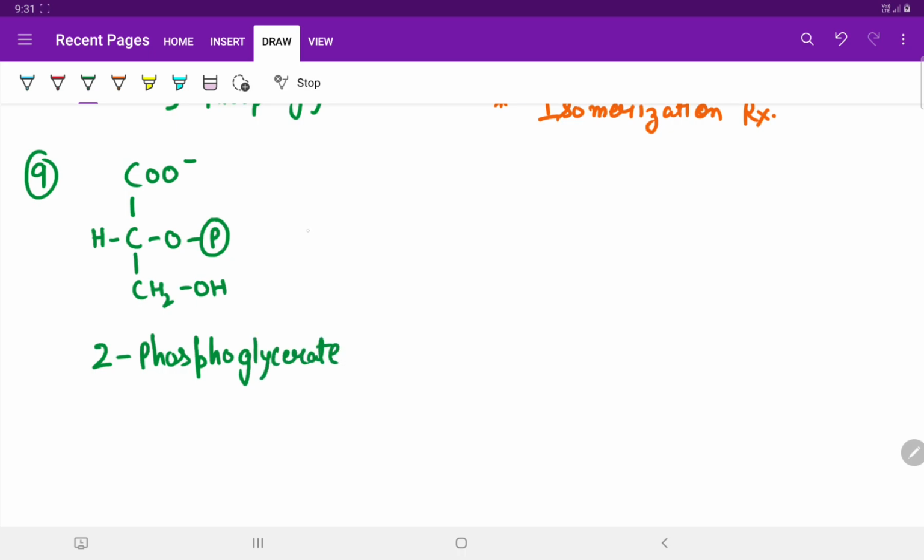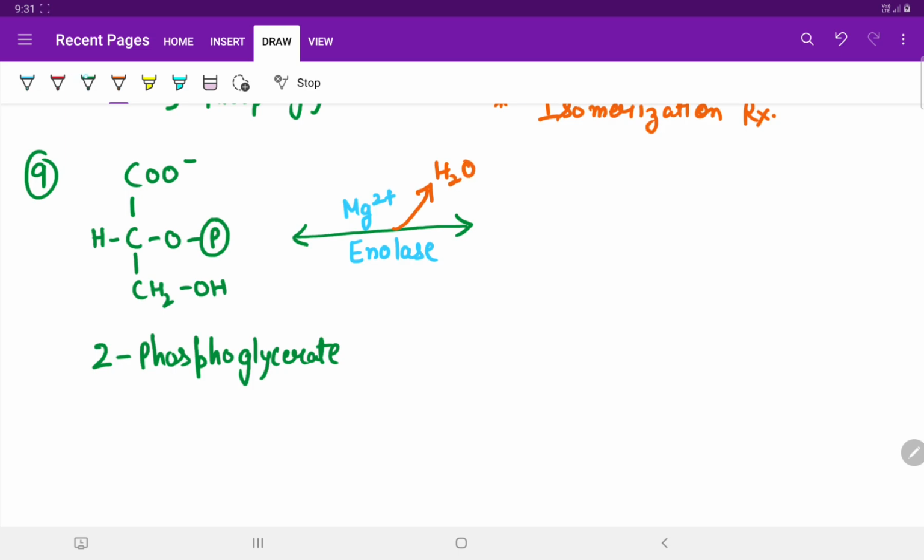This reaction is also a reversible reaction that occurs in the presence of the enolase enzyme and magnesium ions, and it is characterized by removal of a water molecule.